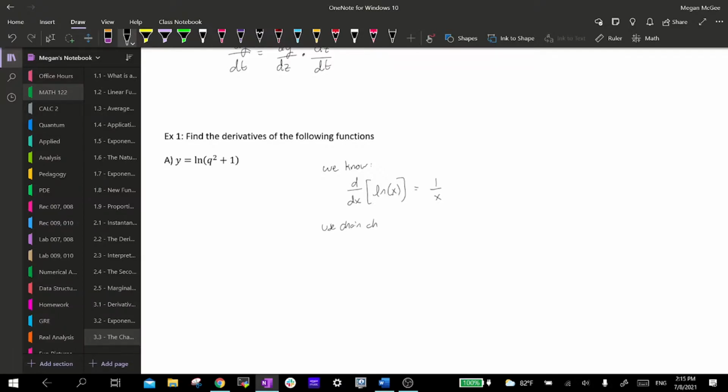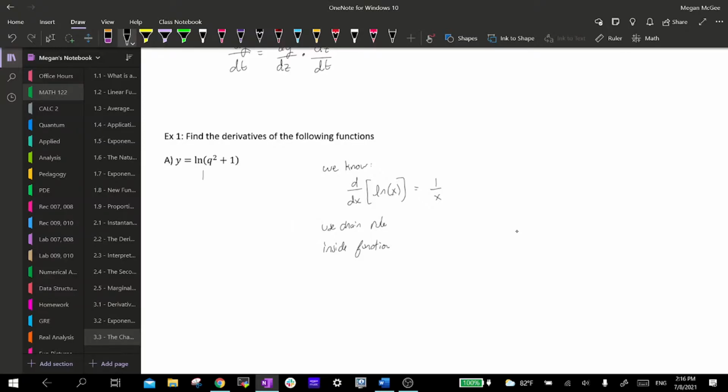Alright, chain rule, which is the rule we just wrote down. So we need to identify the inside and outside functions. Let's do the inside function first. These are usually easier to find, especially if we have parentheses. Those are really helpful in helping identify our inside function.